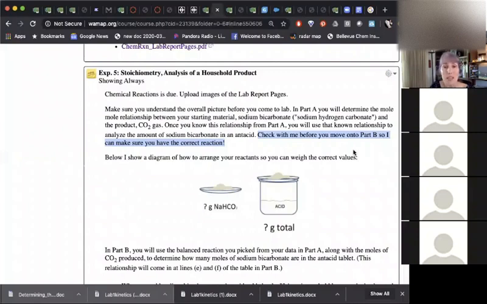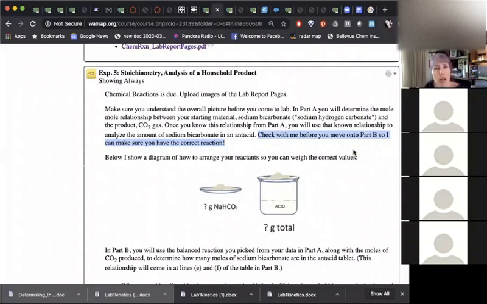And then in part B, we're going to pick our reaction from part A, and we're going to use that reaction to verify the claim on the label. So the label of Alka-Seltzer says it has 1916 milligrams, or 1.916 grams, of sodium bicarbonate.